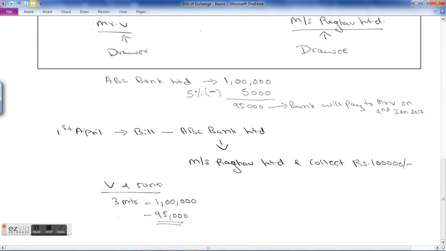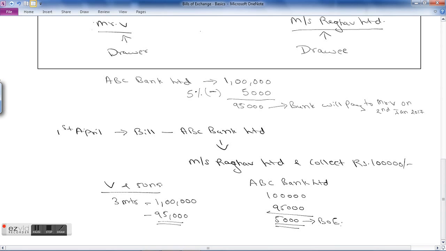Okay, and what is the benefit of the bank? Bank has received 1 lakh and paid 95,000. So it has earned the income or interest income on the bill of exchange. So this is a benefit of the bank. Okay, so this is how the bills are signed and used for the purpose of financing or discounting.